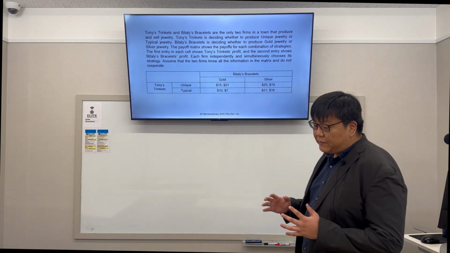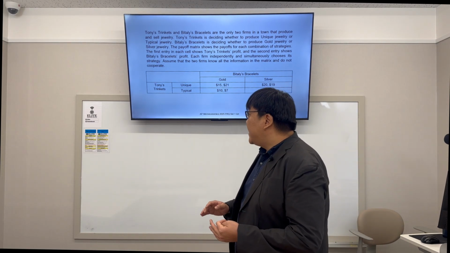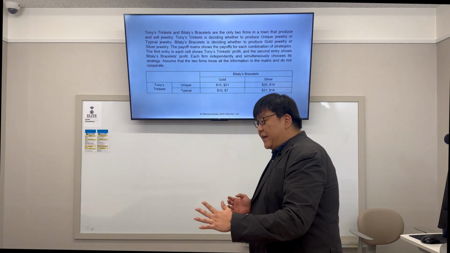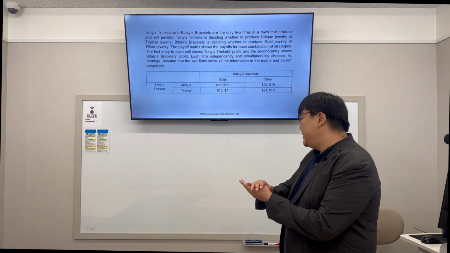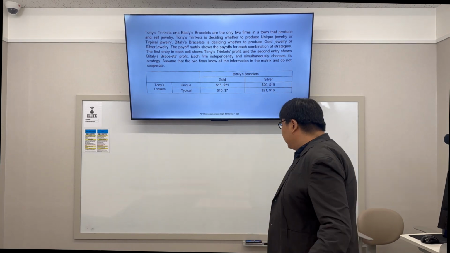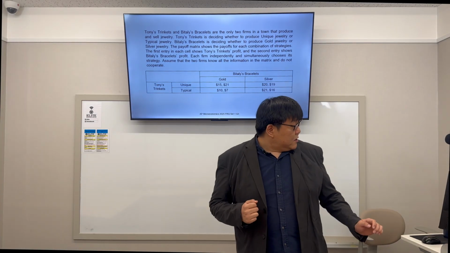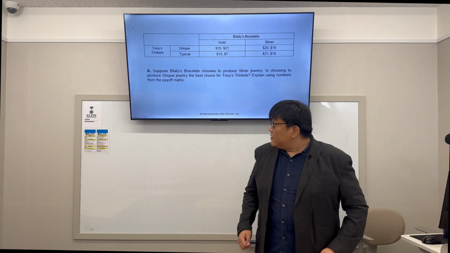You have to remember the concepts: the Nash equilibrium, what a dominant strategy is, how to find the Nash equilibrium, and maybe related topics like cooperative games. So let's get into the problem itself.